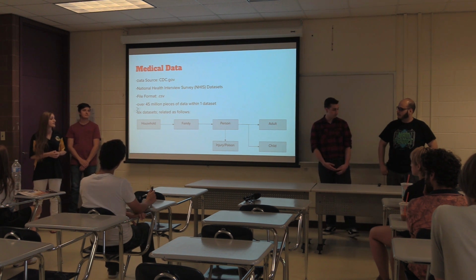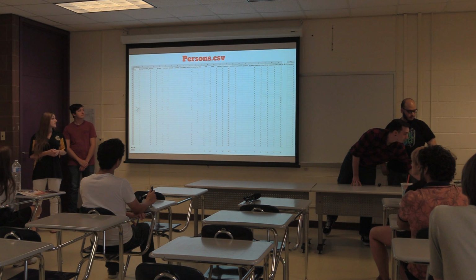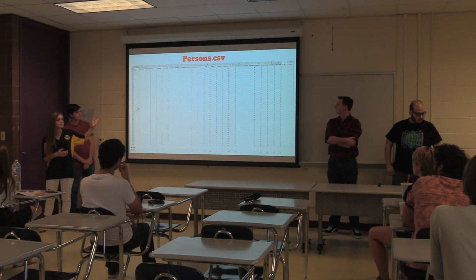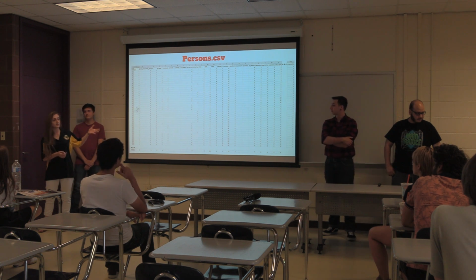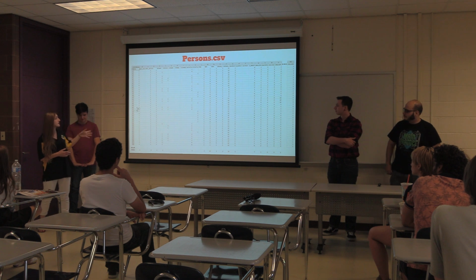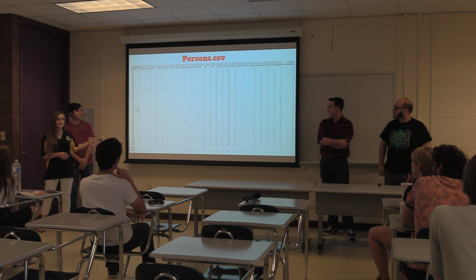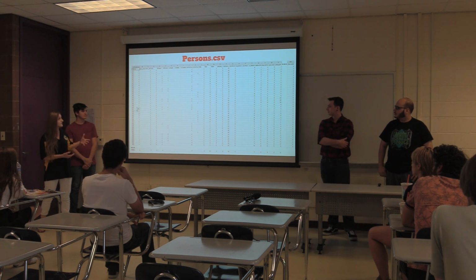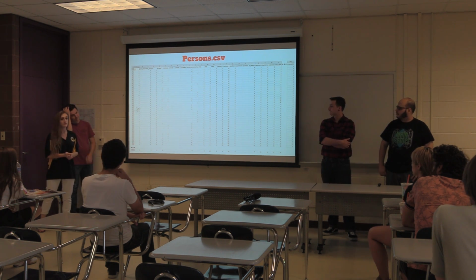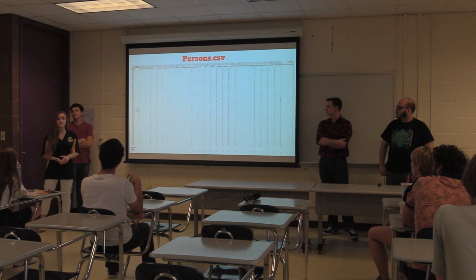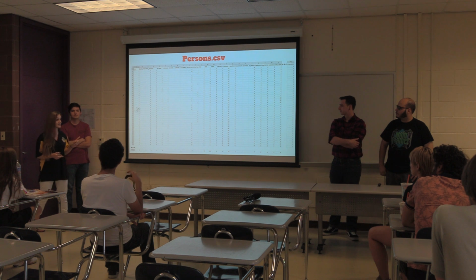A sample of one data set is the person CSV. It has about 600 columns, and each column has a survey question, and 78,000 records of individuals and their responses to the survey questions, which is about 45 million pieces of data. That's just one data set.